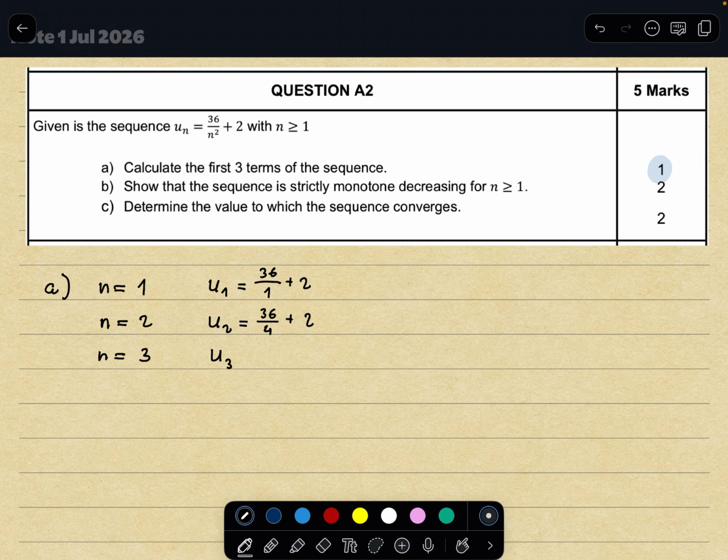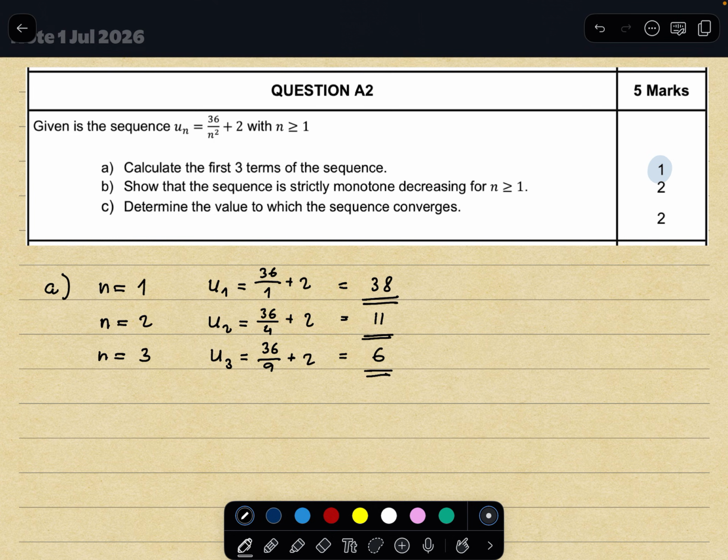And the third one is going to be 36 divided by 3 squared plus 2. So the first one is going to be 38, the second one will be 11, and the third one will be 6. So these are the first 3 terms of the sequence.